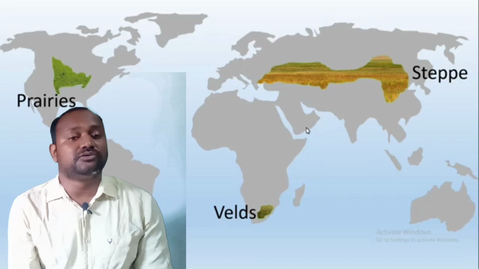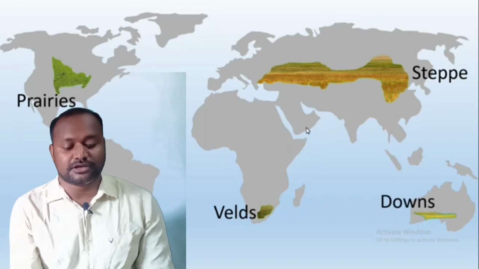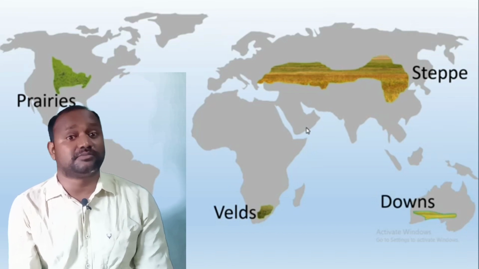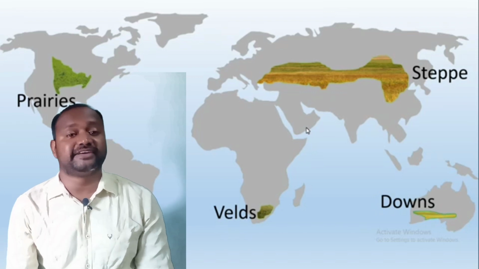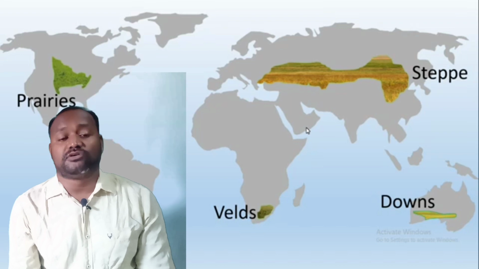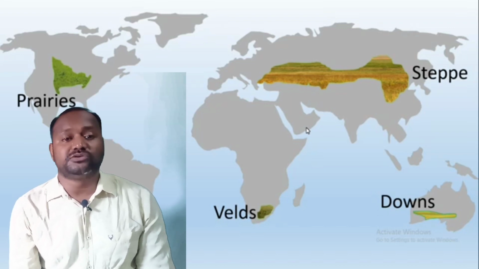Summer temperature goes to 30 or 38 degrees Celsius. The winter temperature sometimes goes below minus 40 degrees Celsius. Sometimes the temperature is very low, and the variation between summer and winter temperature is very high.